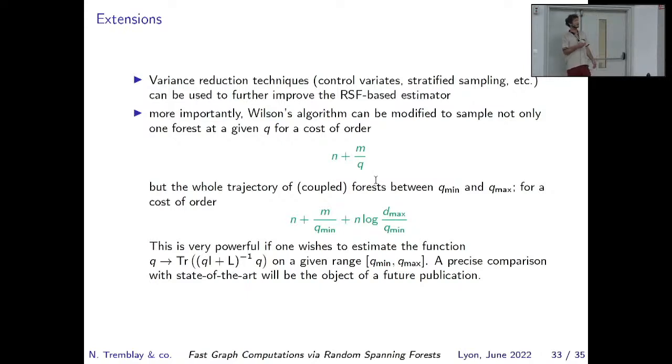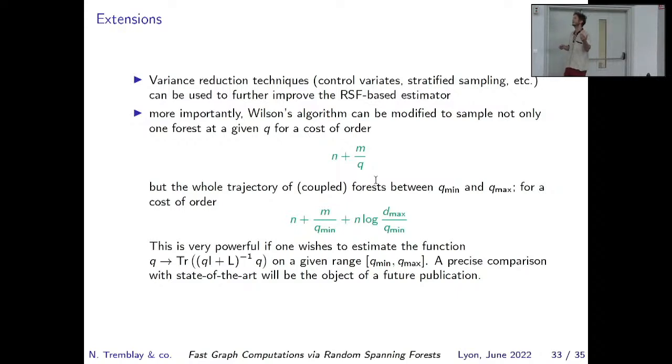interval. What is remarkable is that this cost here, n plus m over q, is basically the cost of sampling one forest at a given q. And this cost here, n plus m over q min plus n log d max over q min, is the cost of sampling the whole trajectory between q min and q max. This is very powerful because this additional cost here is peanuts compared to m, usually.